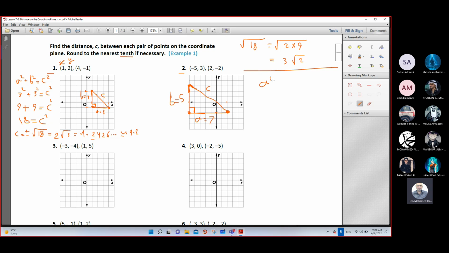A squared plus B squared equals C squared. So A is 7. A squared means 7 squared, and B is 5. So 5 squared equals C squared.